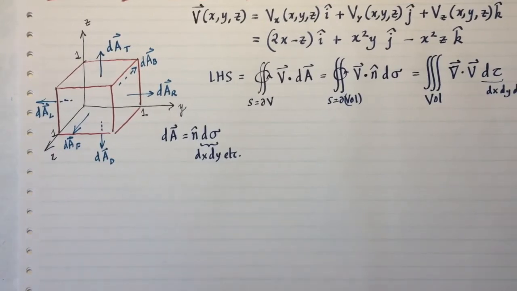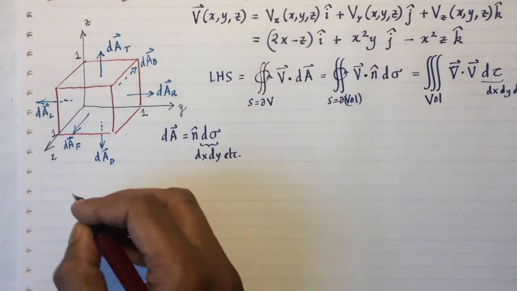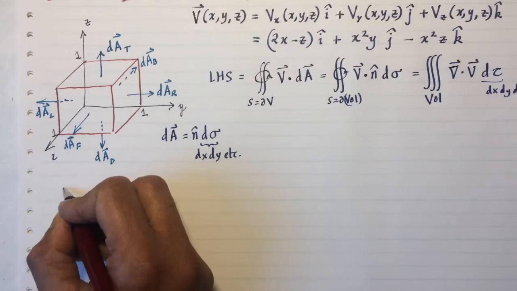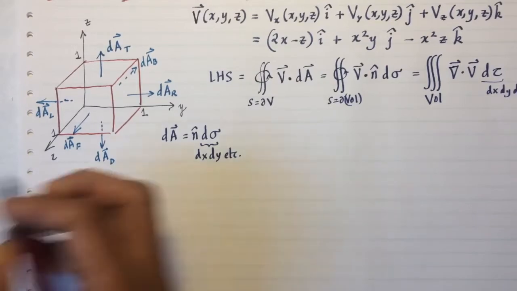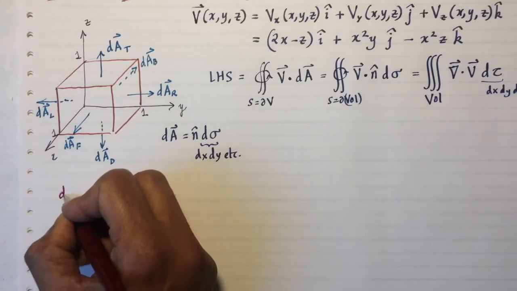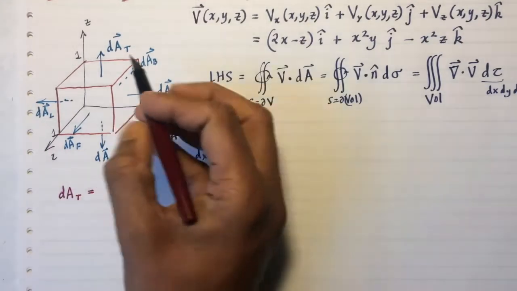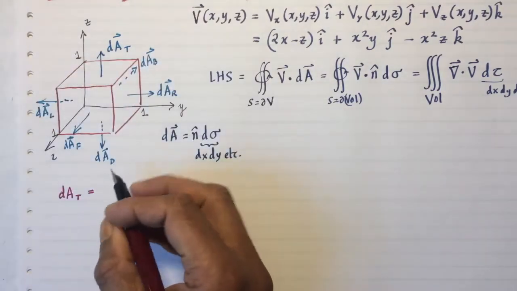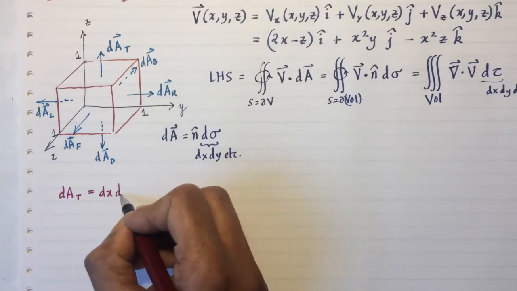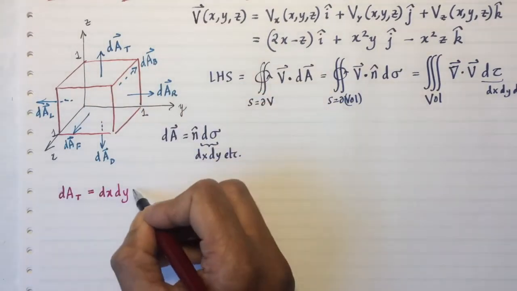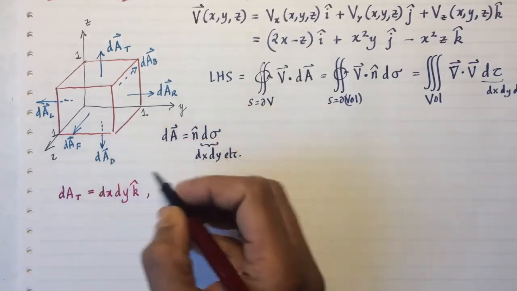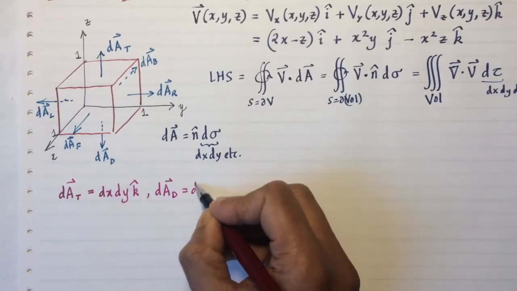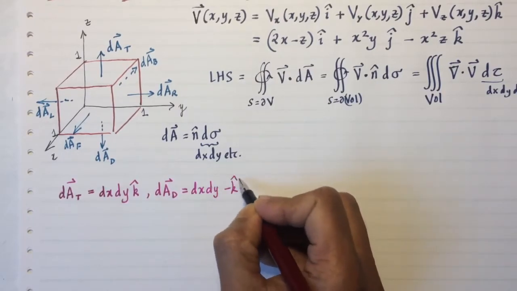So each of these area vectors can be written. Let me start by writing the top. Top is going to have the coordinates x and y because it's parallel to the xy plane. So it's going to be dx, dy in the k hat direction. The moment I write top, I can immediately write down the bottom, because it's in the minus k hat direction.